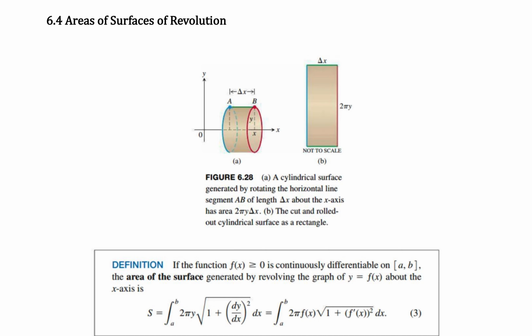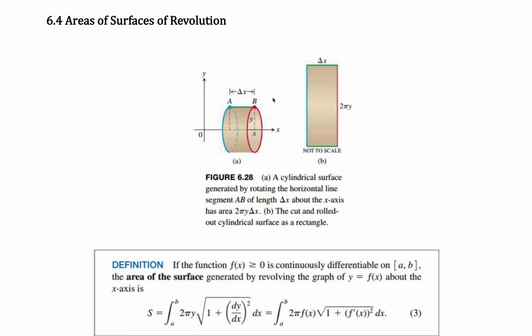The length of it would be the circumference of the circle, which would be 2 pi times the radius. In this case, the radius is y, so that's where the 2 pi y comes from. And then the width of it is the distance of this line segment, delta x. So if you want to find the surface area, you would multiply the two together.